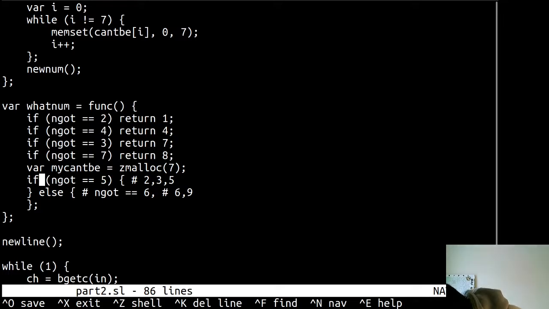So if it's 2, 3, or 5, we already know that A, D, and G must be set. So then we need to know, is it B or C? And is it E or F? If B can be set, if it's B and F, then it's 6. If it's C and E, then it's 2. If it's C and F, then it's 3.